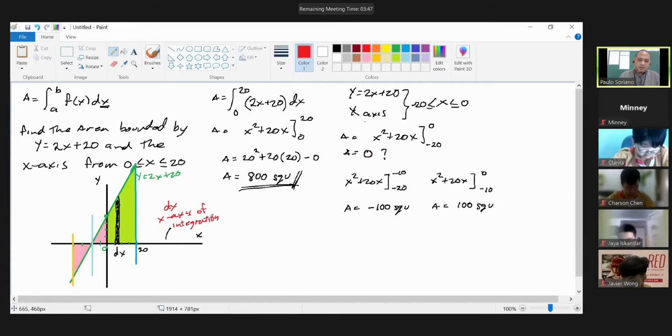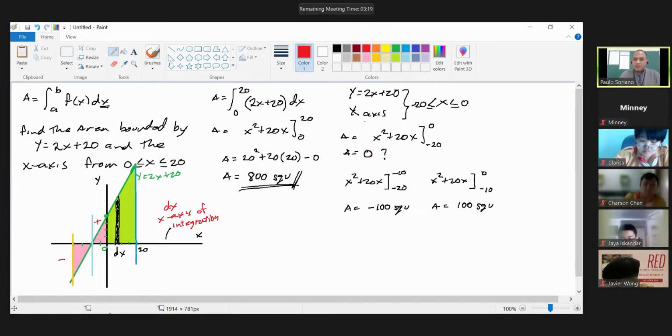Whatever area is below the axis of integration will be given as negative, and this one now tells us that the area below the axis of integration is going to be represented by a negative.